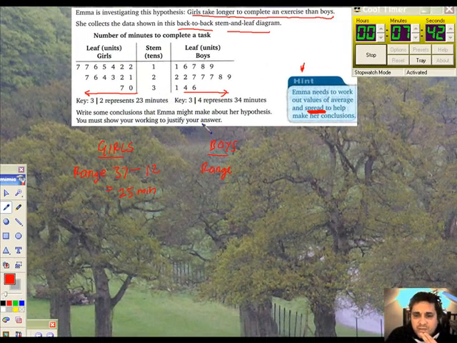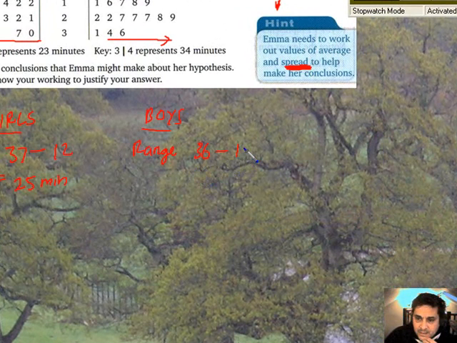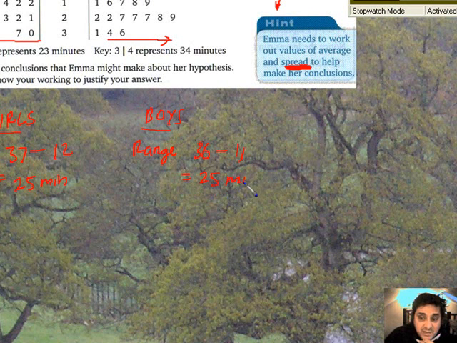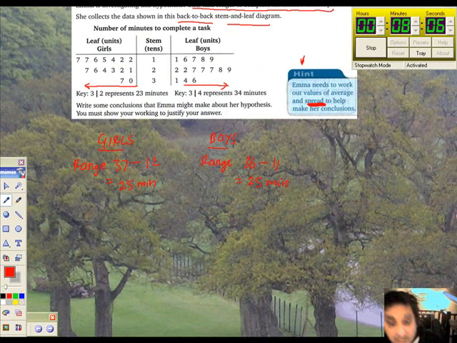The longest time was 36 minutes, and the quickest time was 11 minutes. And that takeaway, that is 25 minutes again. So straight away I can draw a conclusion. The overall spread of times for boys and girls is exactly the same. Boys and girls have an equal amount of variation in times in terms of their completion of the test.